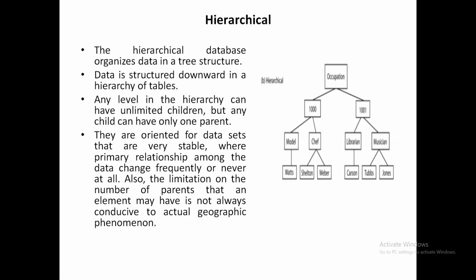It also has certain disadvantages when you are going to work on GIS. If the nature of the primary data changes, it will be tedious for you to reallocate the data, or to search for the data.